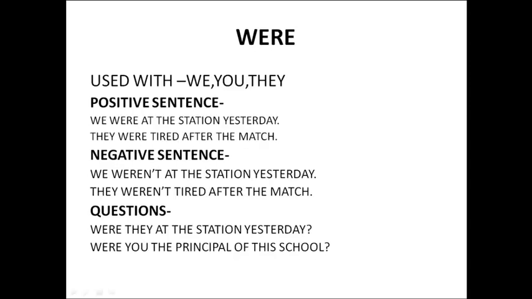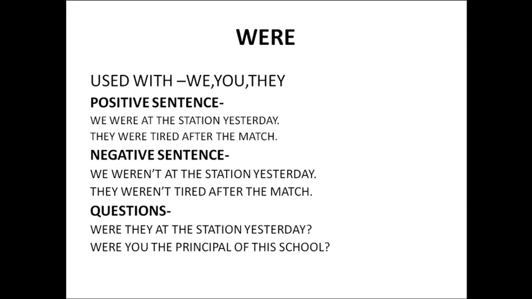Now let's look at the usage of were. As I told you, were should be used with we, you, and they. So in a positive sentence, some examples are, we were at the station yesterday. They were tired after the match. In case of a negative sentence, you can say, we weren't at the station yesterday.